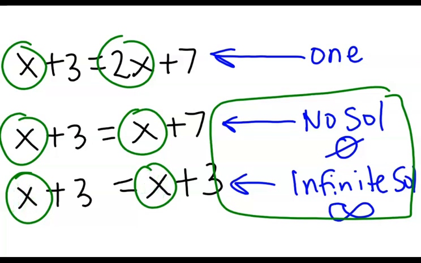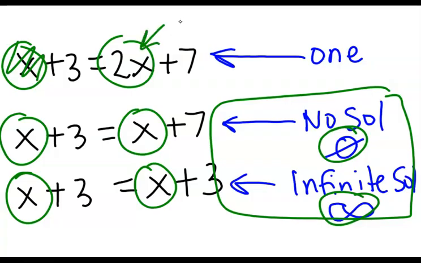That has to happen in order to have one of these special solutions. If ever your variable terms on the left and the right are not a perfect match, then it definitely has a number as the solution, a single number only.